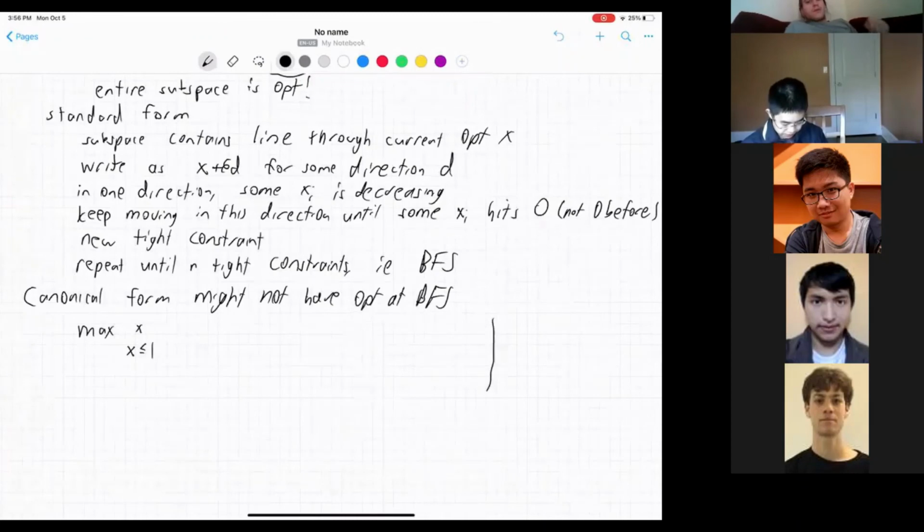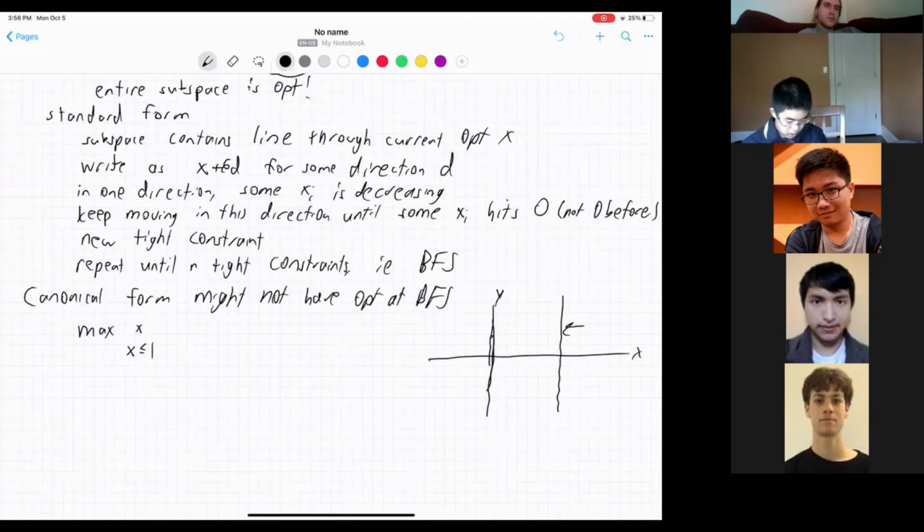If I think about this as a two-dimensional linear program, so there are two variables, x and y, although I'm not actually mentioning y at all in my LP. The constraint that x is less than or equal to 1 says you can't go past this line. And so the maximization function will simply run into this line and get stuck. And you see that there's no basic feasible solution because there's only one constraint. There is no intersection of two constraints.